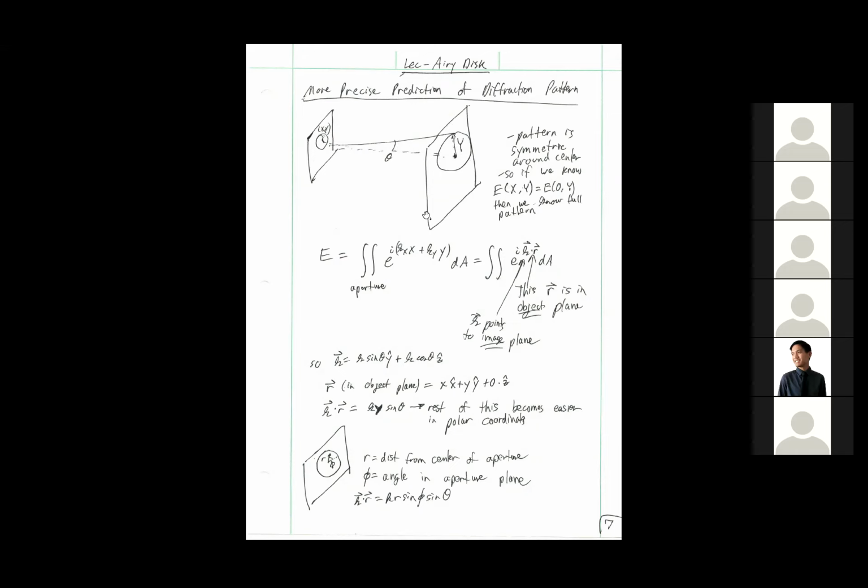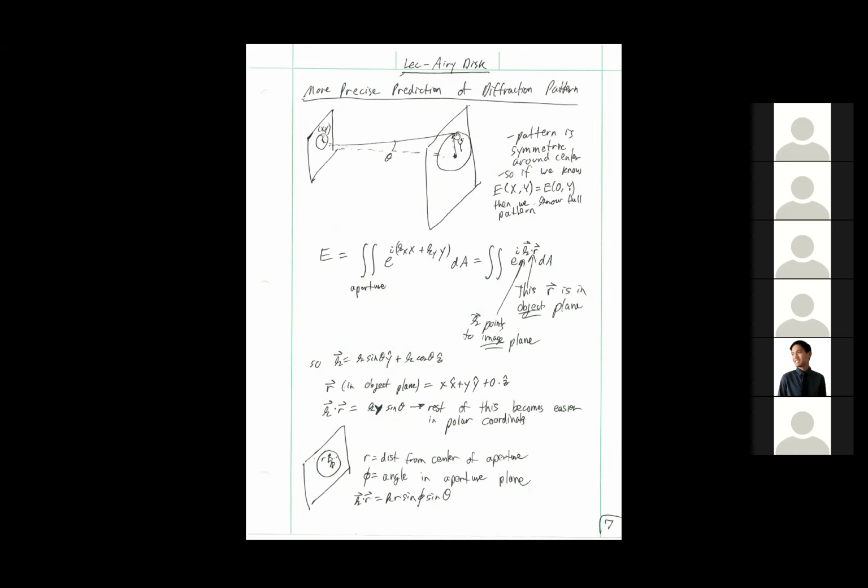We established last time that the field is an integral over the aperture of e to the i (kx times x plus ky times y). If you're wondering where the coordinate big Y goes in, big Y determines theta. The further away from the center of the detector we are, the larger theta, and the larger theta is, the larger ky is.